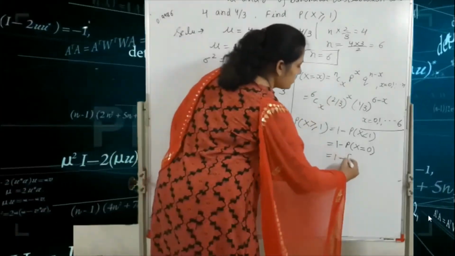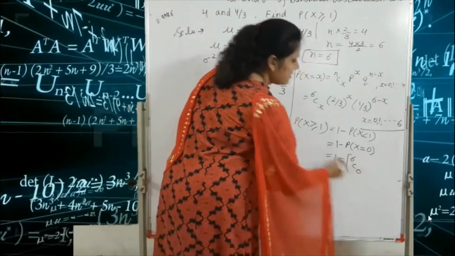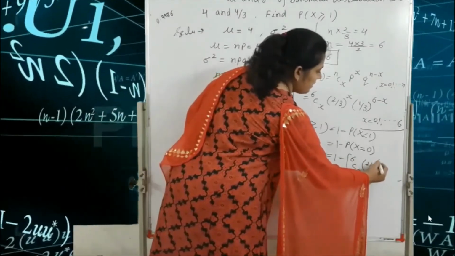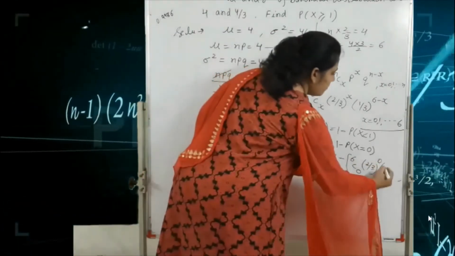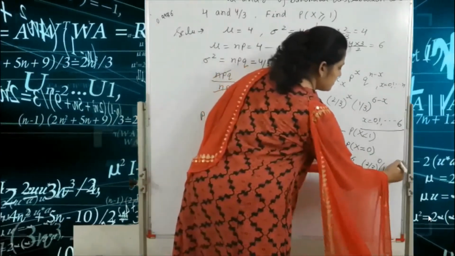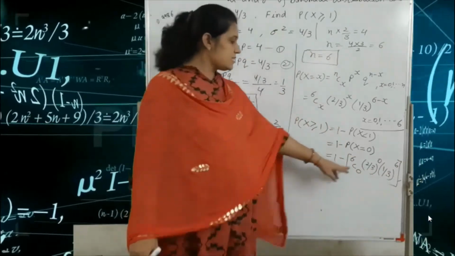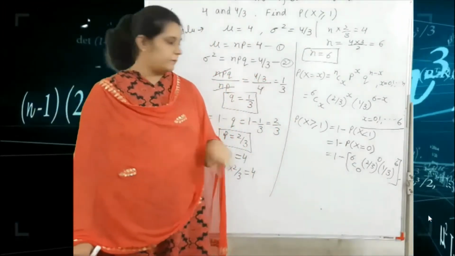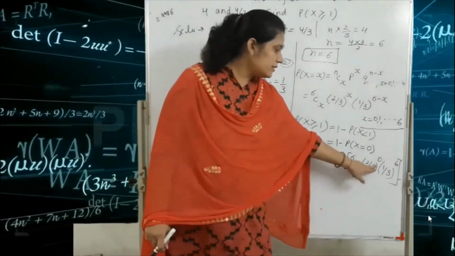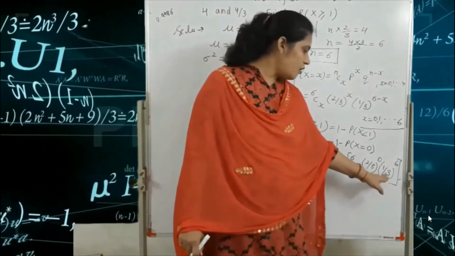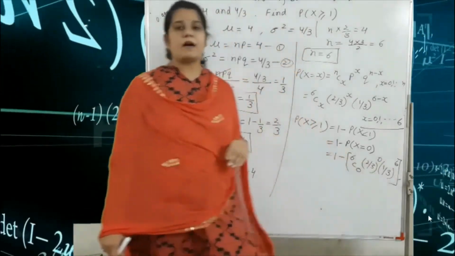So 6C0, 2 by 3 raised to the power 0 and 1 by 3 raised to the power 6 minus 0, that means 6. Okay, so 6C0 means 1. 2 by 3 raised to the power 0 means 1. So we get the value of 1 by 3 raised to the power 6.